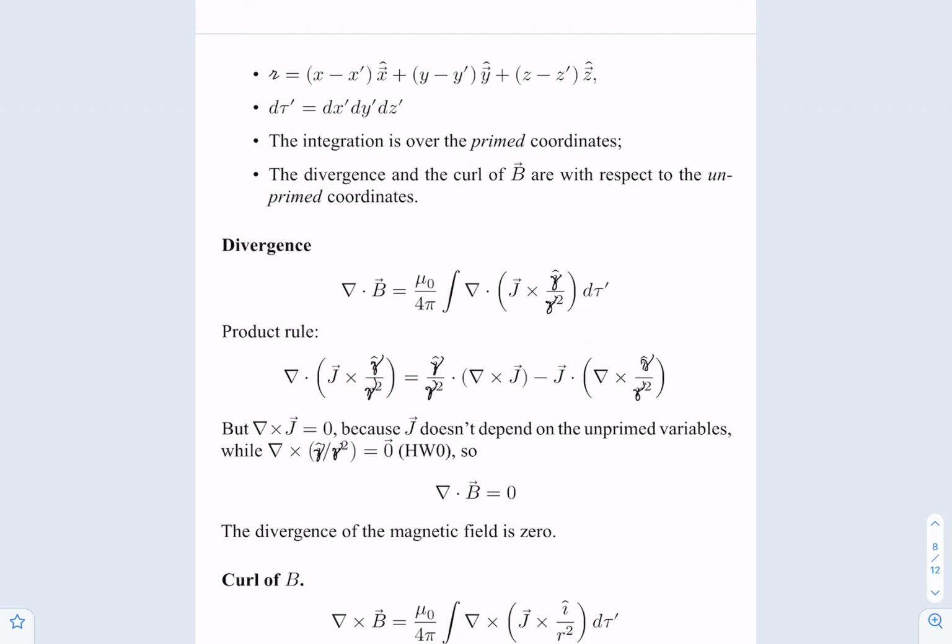You can look this up on the first page or the last page of the Griffiths book, but you can also derive this by yourself easily.